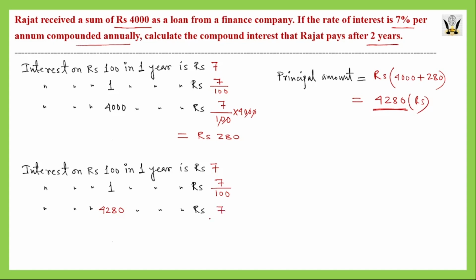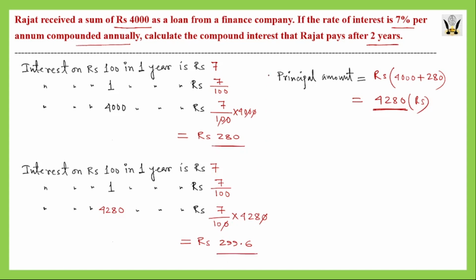So for rupees 1, this is the interest, 7 divided by 100. And when the principal amount is 4,280, it will be 4,280 times. So it will be multiplied by 4,280. And finally, this amount will be rupees 299.6.